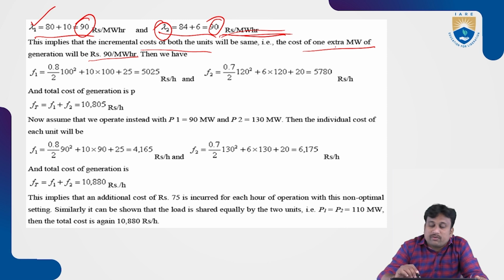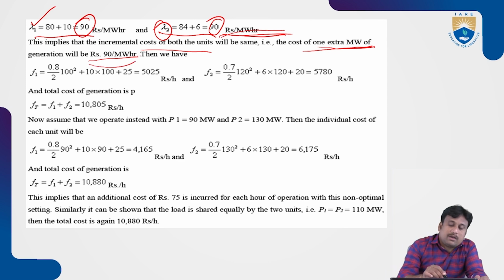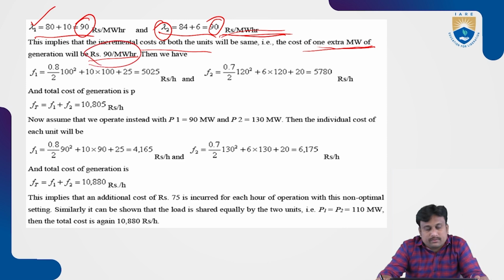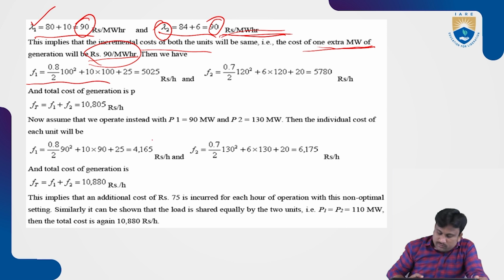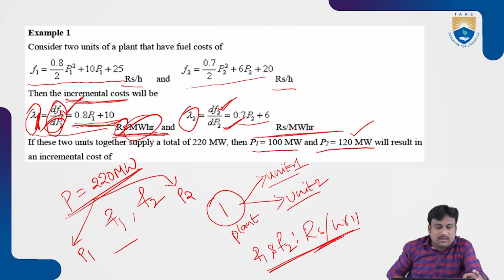Even if you consider 1 extra megawatt hour of generation, that will result in 90 rupees per megawatt. Then we have F1. Going with the previous expression, 0.8/2 P1 squared plus 10 P1 plus 25.